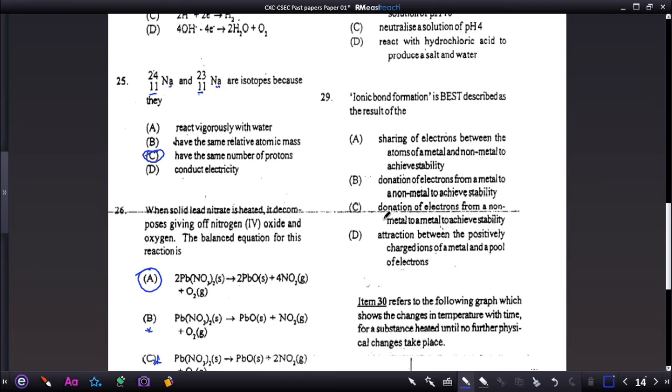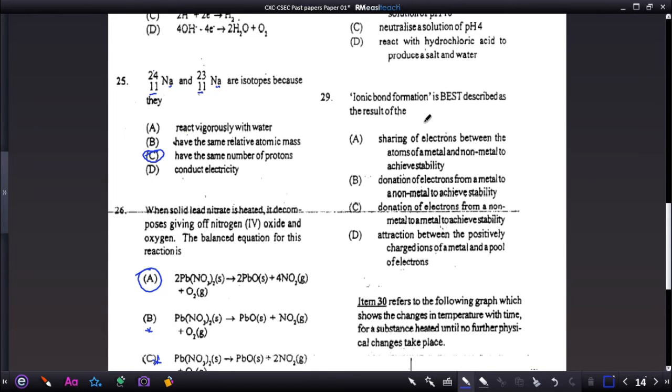Donation of electrons from a non-metal to a metal to achieve stability. That's not true. Part D, attraction between the positively charged ions of a metal and a pool of electrons, that is metallic bonding. So the best answer there would be D, and I say the best answer.